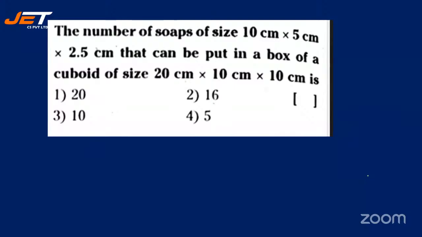Your next question is: the number of soaps of size 10 centimeter into 5 centimeter into 2.5 centimeter that can be put in a box of the cuboid of size 20 centimeter into 10 centimeter into 10 centimeter is dash. Right? So in this you have to find out the volume of the cuboid. I have given you the hint.